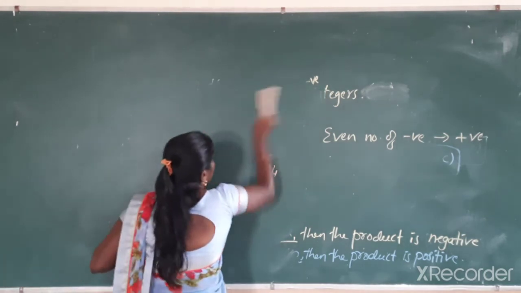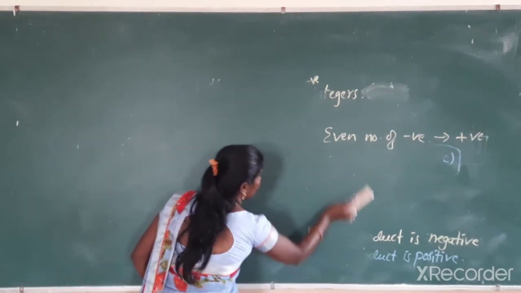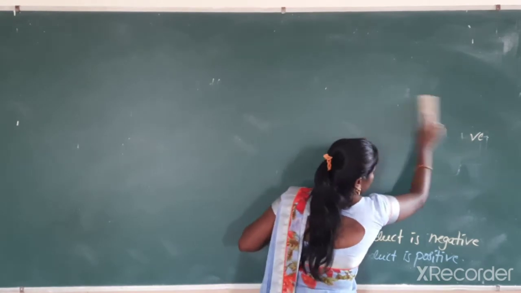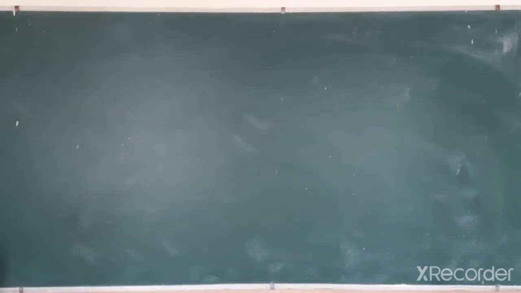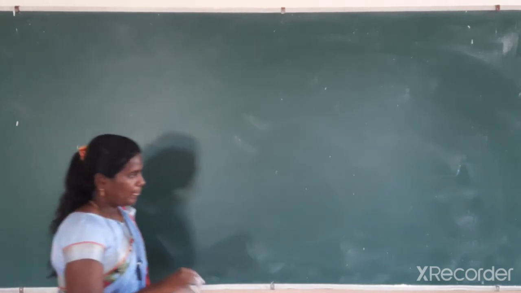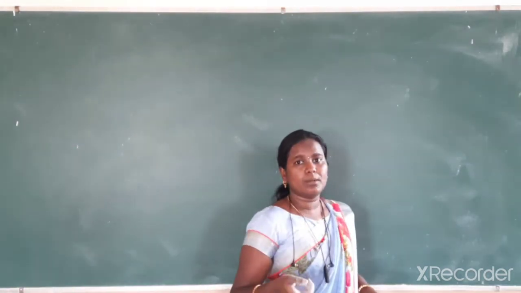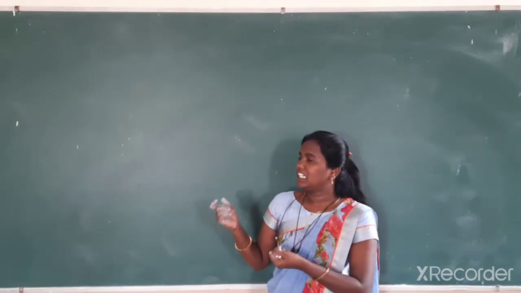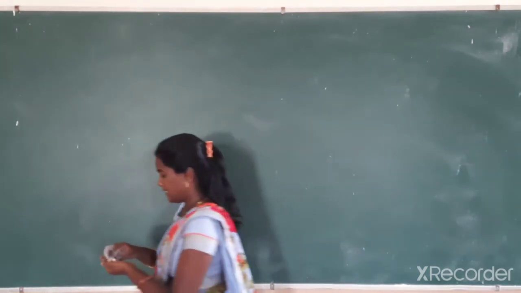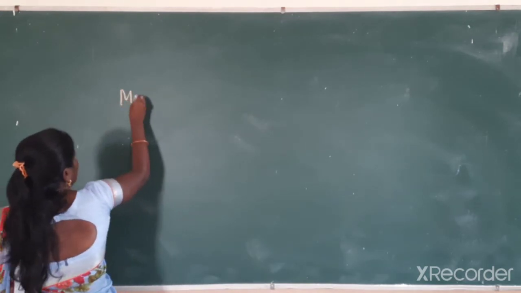You see the multiplicative identity of whole numbers? What is the multiplicative identity of whole numbers? Of course it is 1. The multiplicative identity for whole numbers is 1. Then what about the multiplicative identity for integers? Let us see.